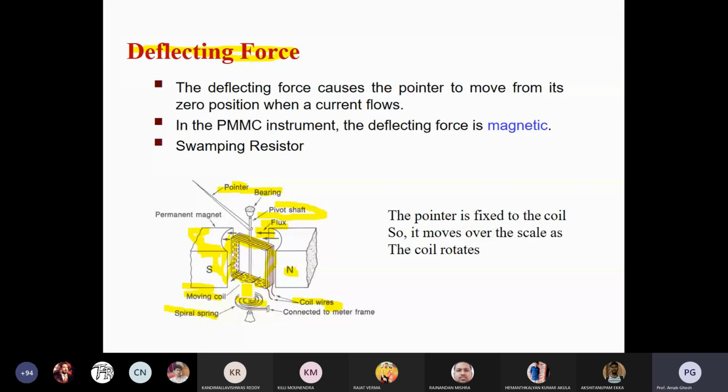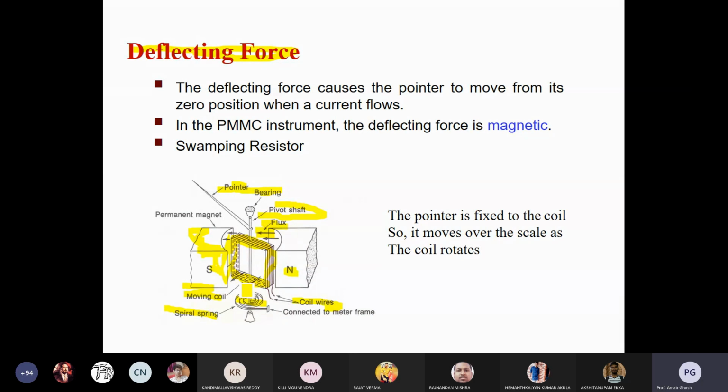So what is the deflecting force? The deflecting force causes the pointer to move. If the current is passing through the component you are going to measure, whether an inductor, a resistance or whatever, there is a movement due to the current.